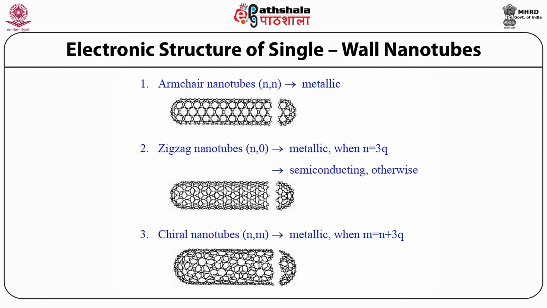Second is a zigzag nanotube N,0, which is metallic when N equals 3Q, and otherwise it is semiconducting. Third is a chiral nanotube N,M, which is metallic when M equals N plus 3Q.